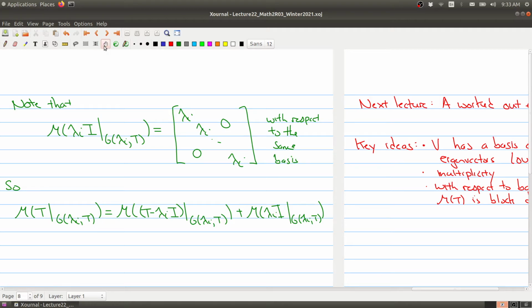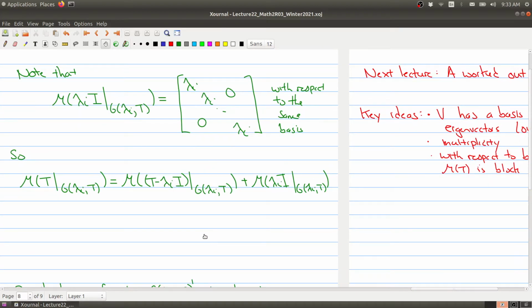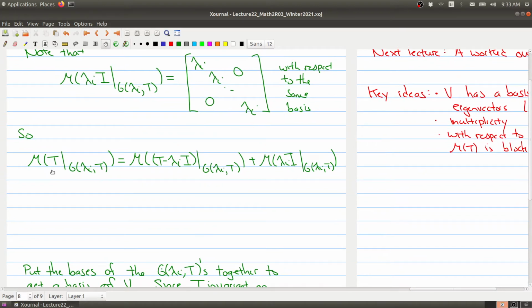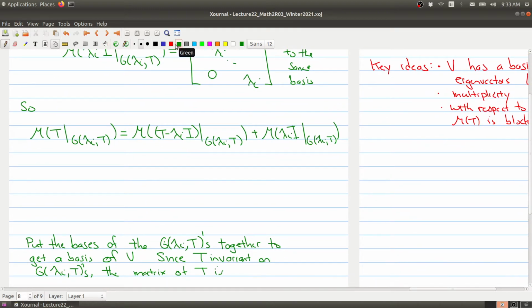So we can take these two matrices and combine them to figure out the matrix of the operator T on this space, because we can just take the sum of these two matrices and add them together. We get lambda_i's down the diagonal, some stuff up over here, and 0 in the bottom left hand corner.